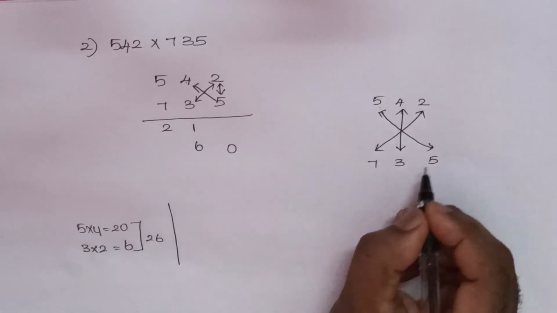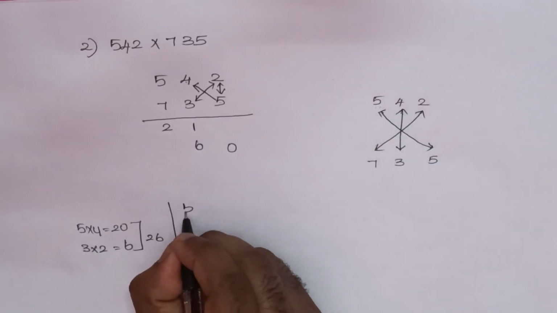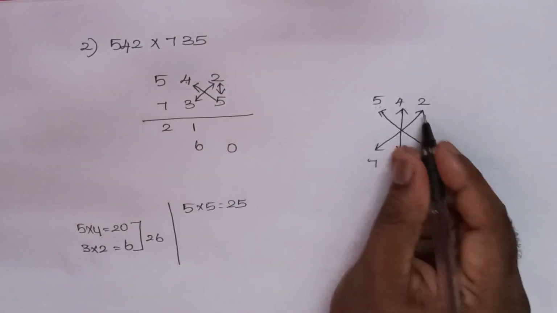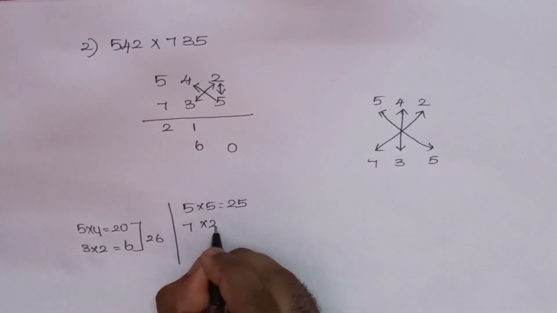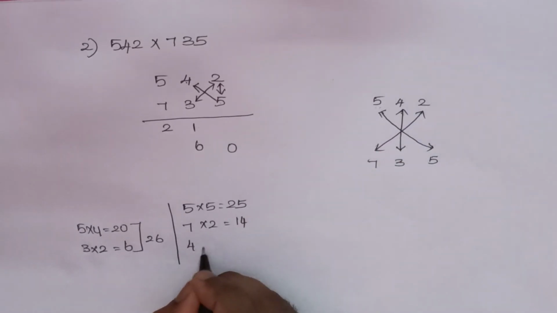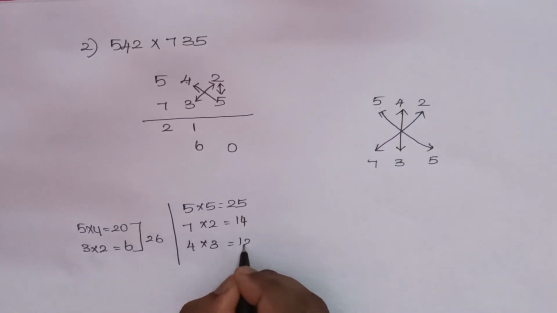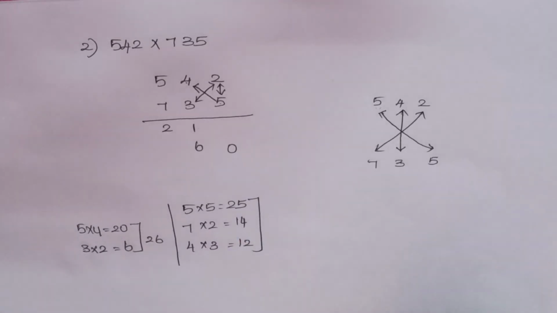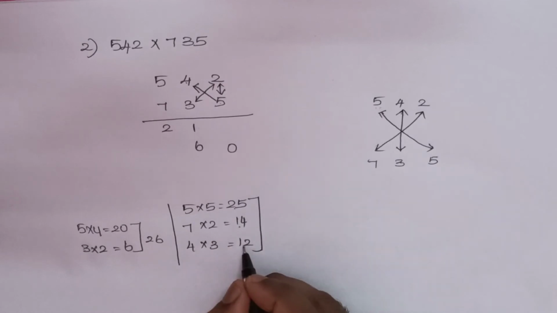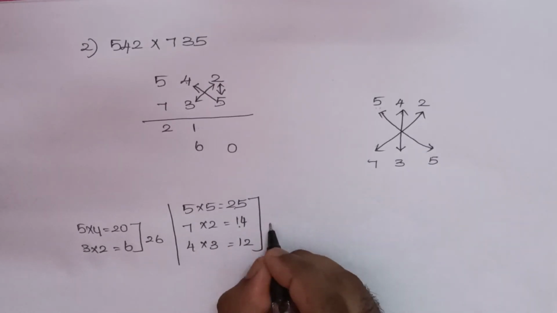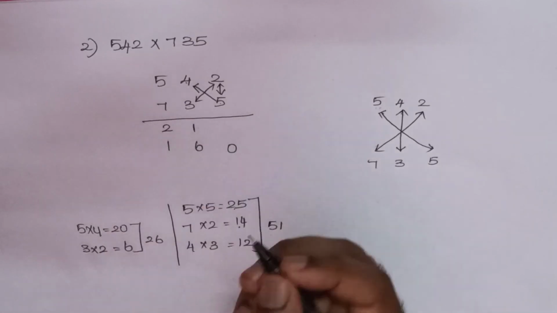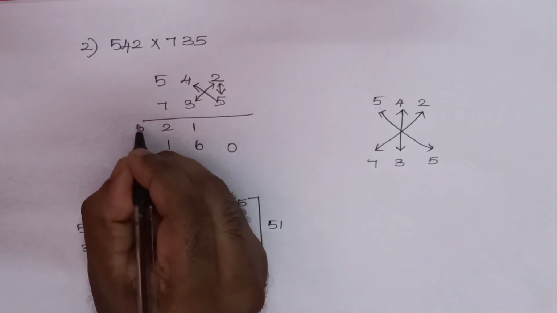So 5 into 5 is 25, 7 into 2 is 14, and 4 into 3 is 12. Finally you have to add all those things. 25 plus 14 is 39. 39 plus 12 is 51. So put 1 here and 5 as a carry.